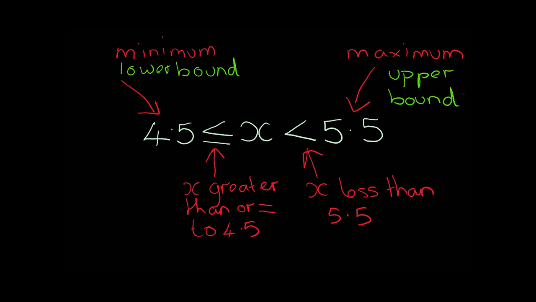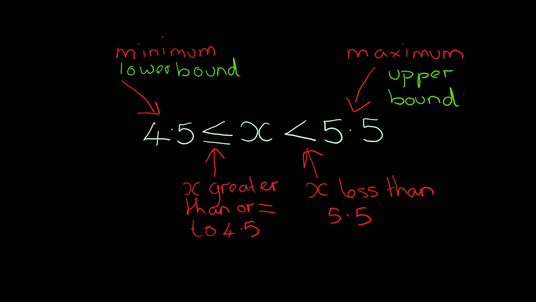X can't actually be that. It can be as close to that as is humanly possible, if you like, but it can't actually be 5.5, because what we know is that if it was 5.5, it would have rounded up to 6 instead of rounding to 5. So the rounded x value for this particular number would have been 5.